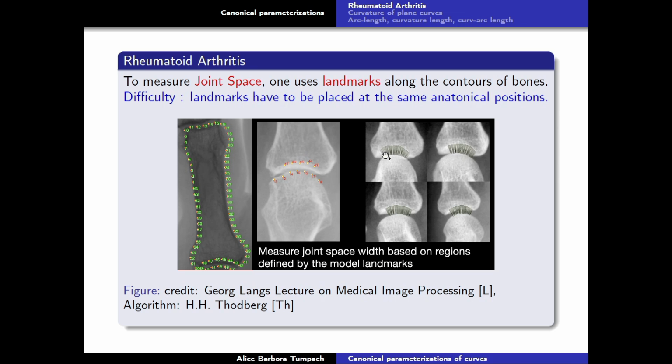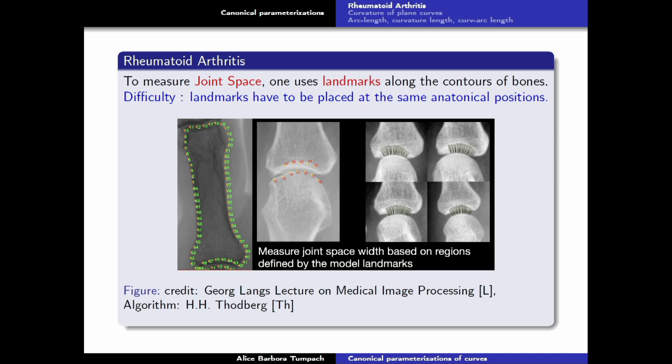So here you see the different distances between corresponding landmarks, and this gives you a value that is then interpretable by the medical staff to follow the increase of the disease. So this is in the very early stage of the disease, because then there is a lot of erosion and you cannot define this very properly.